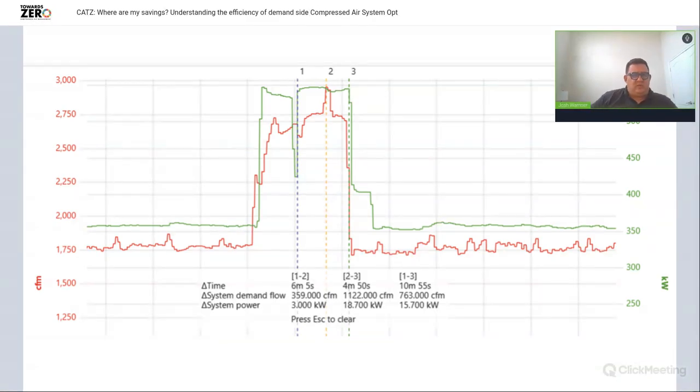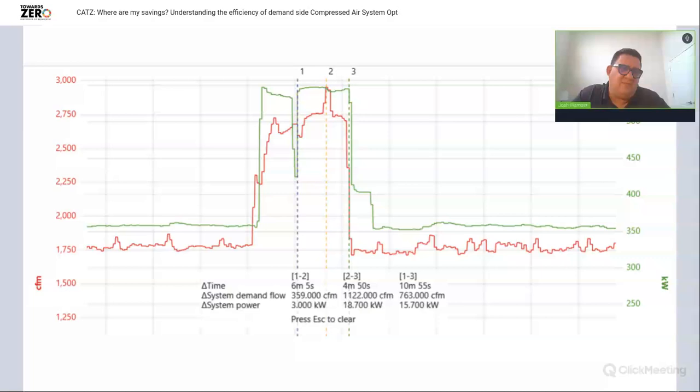Here's another scenario when we talk about pressure reduction. In between these points 1 and 2, there's a difference of 359 CFM, but only a difference of 3 kilowatts.